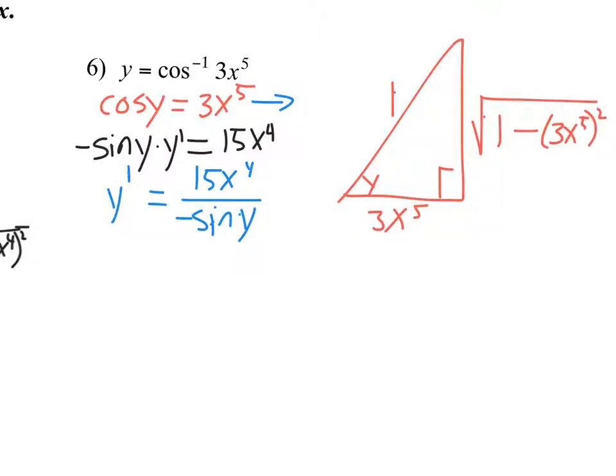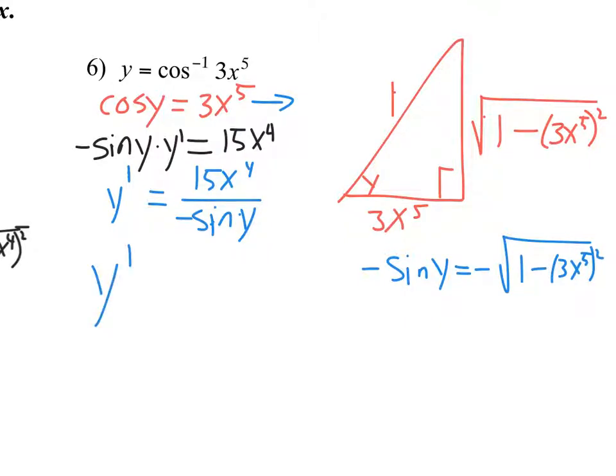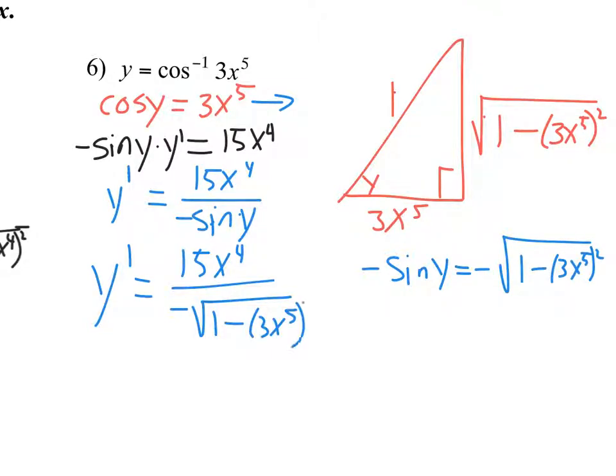That means that sine of y, oh heck, I might as well do negative sine of y, is going to be negative the square root of 1 minus the quantity 3x to the fifth squared. That means that y prime is going to be 15x to the fourth divided by negative the square root of 1 minus 3x to the fifth squared.